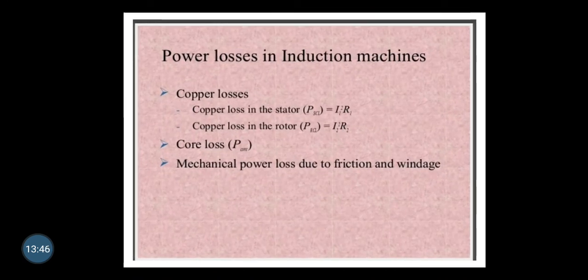Now here are the different losses that occur in an induction machine. Copper losses occur in the stator and rotor, because in the stator there is a stator winding which is made of copper. That's why copper losses occur.